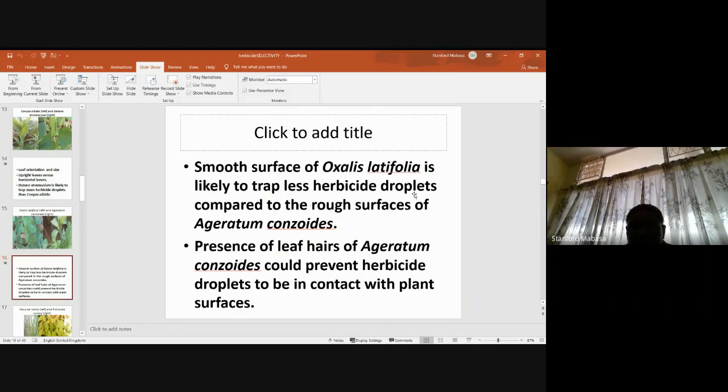So you could have droplets just hanging in the air, and they could easily evaporate without even entering the plant, and the Ageratum conyzoides could survive.